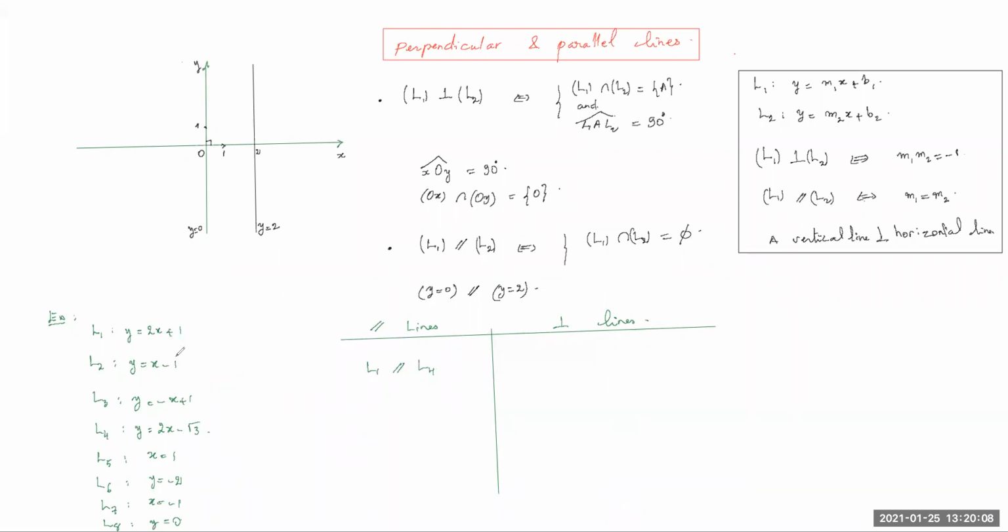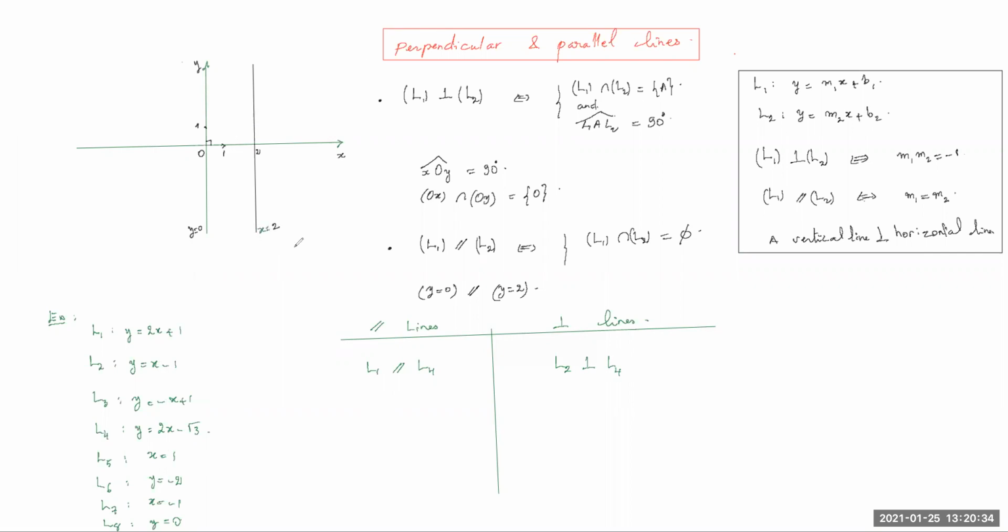What about L2 and L3? If you multiply the two slopes, that gives me minus 1. So L2 is perpendicular to L3. What about x equal 1? It's vertical. Sorry, here it was x, not y.